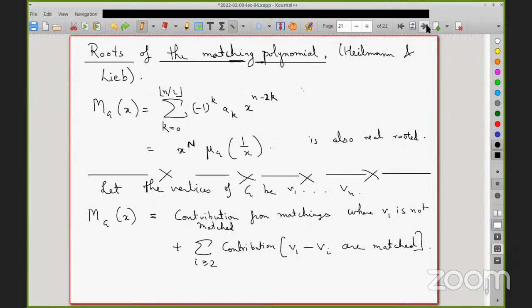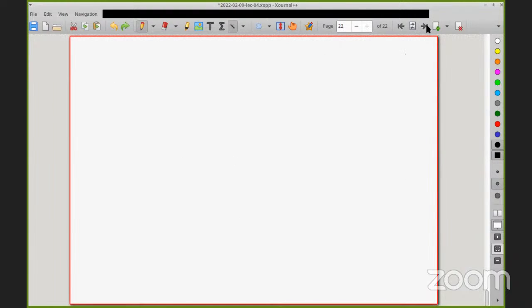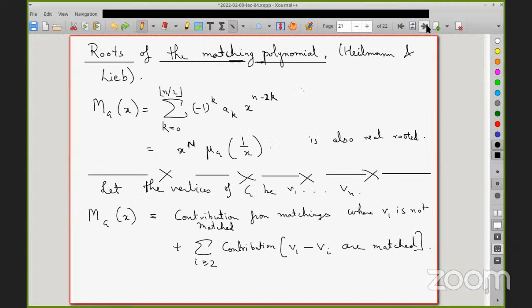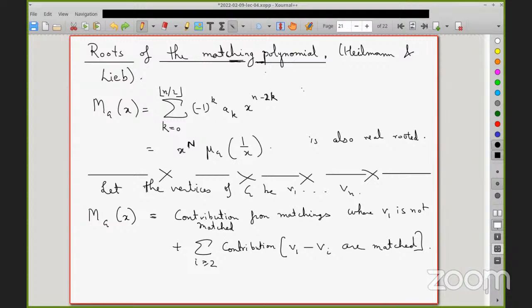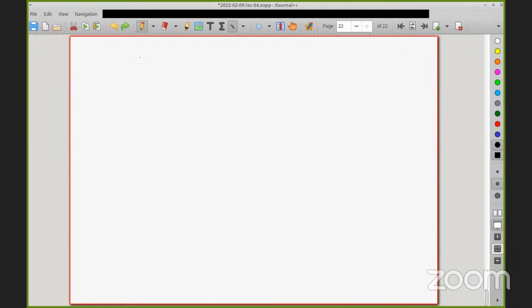No minus, because the number of edges is not changing, right? The size of the matching is not changing. It's not matched, and remember that every unmatched vertex is contributing an x factor. So the first term is just x times m on this graph with v1 removed.